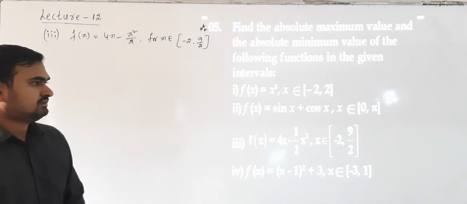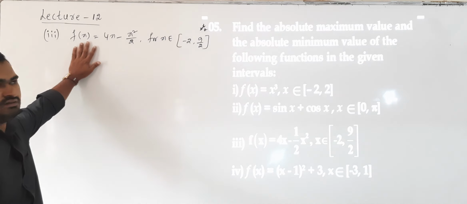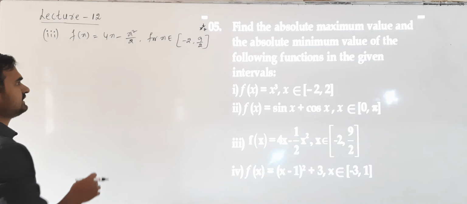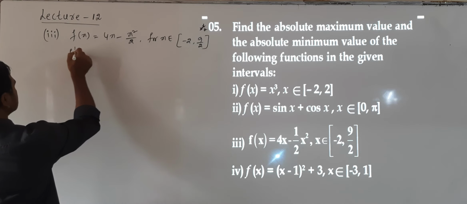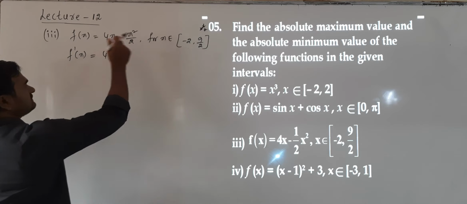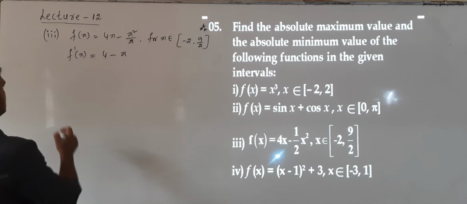Okay. So let us find critical points first. So we need critical points and end points. What is f dash x? It is 4 minus the derivative of x square, which is 2x. 2 will get cancelled. 4 minus x.